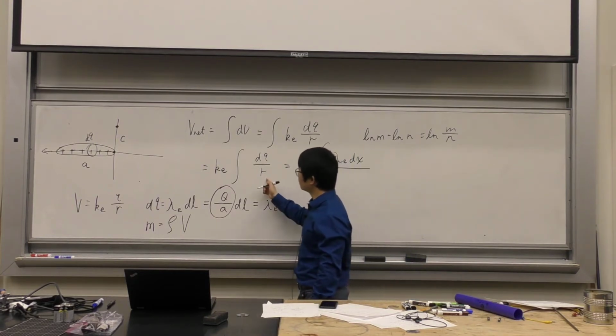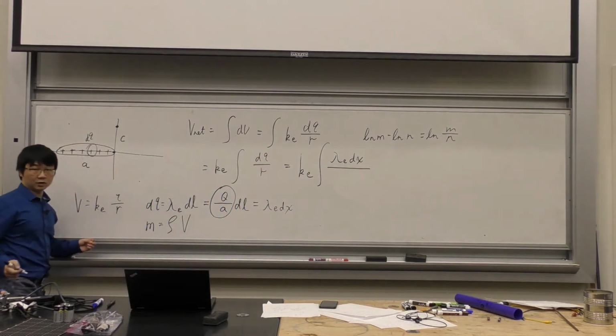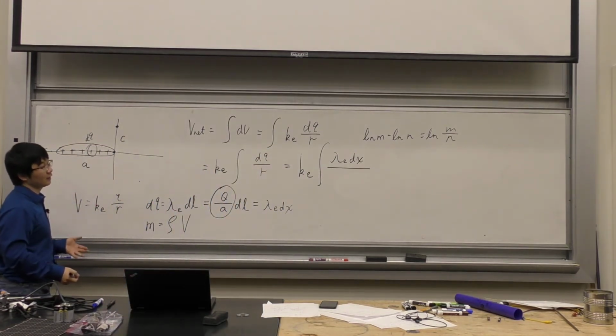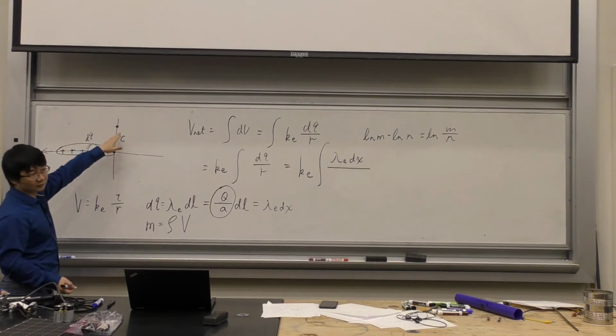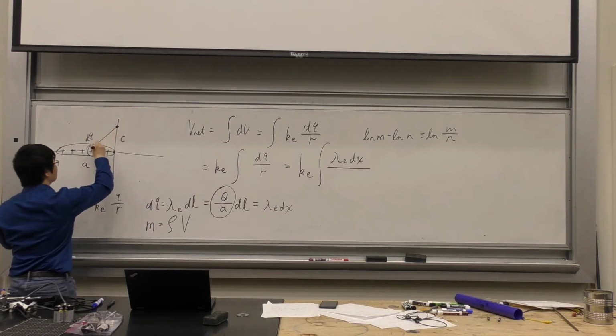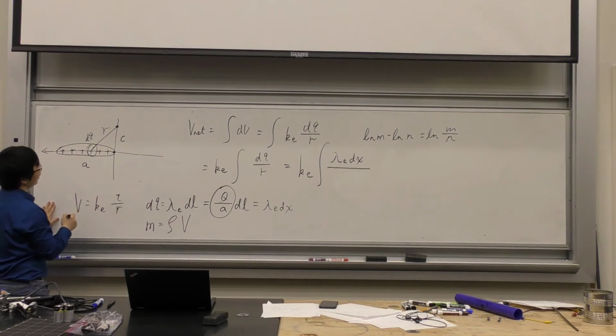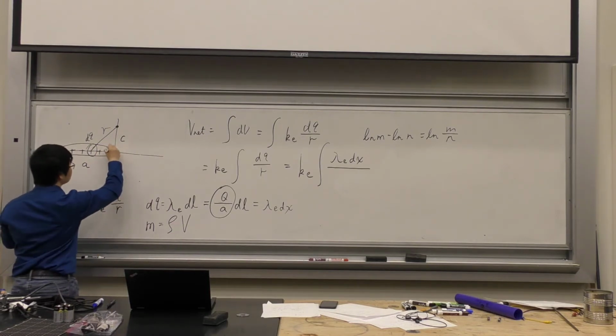So how do I write the r in terms of x when I pick this point? Again, let's draw r. R has a definition. Everything has a definition: from the source charge to the point you want to calculate the potential. This is the source charge, so that's going to be the r. How do I find this r? Well, obviously there's a right triangle I can use here.